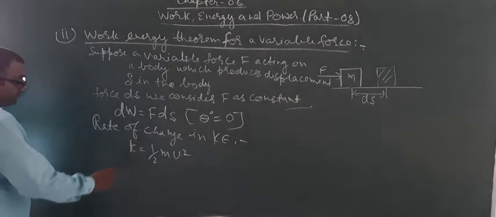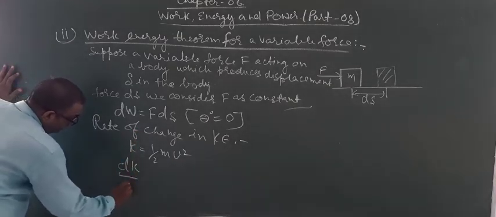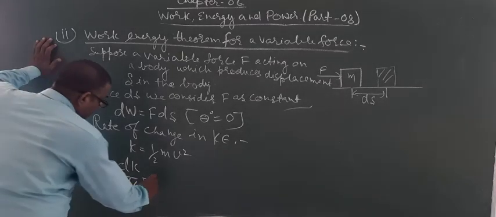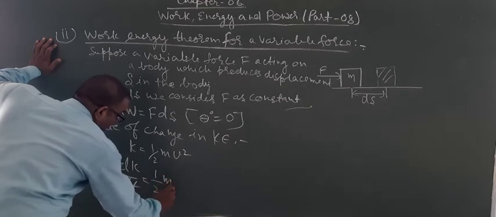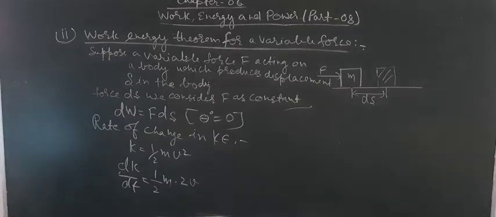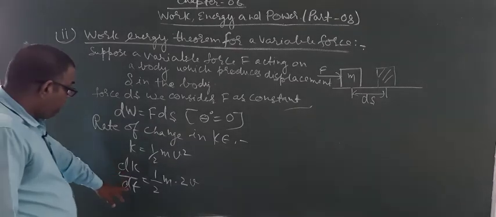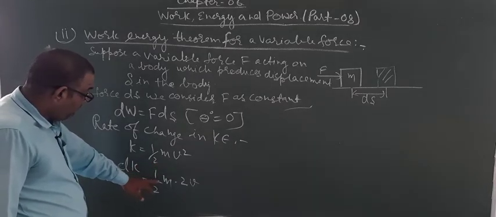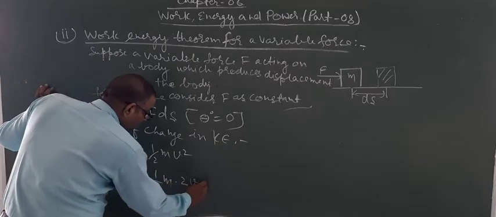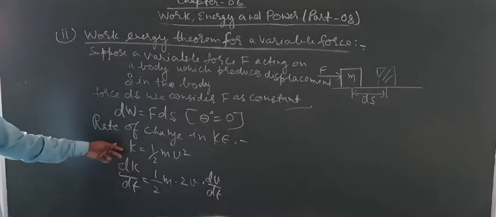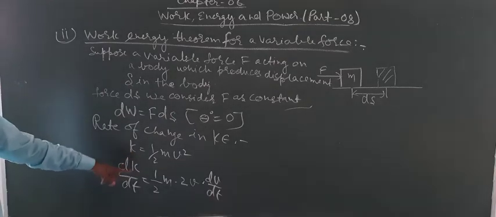So the rate of change of kinetic energy, dK upon dt, can be written, since mass is constant, as 1 by 2 m into twice v into dv upon dt, since you are differentiating with respect to t, because you are not differentiating K with respect to v.